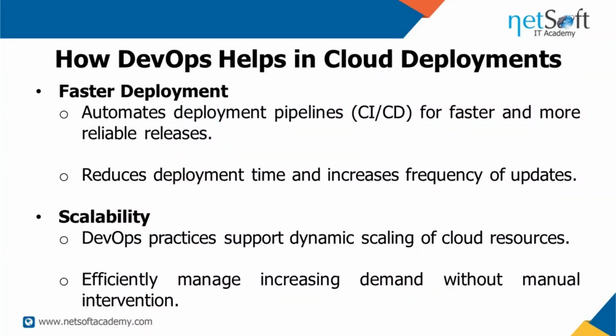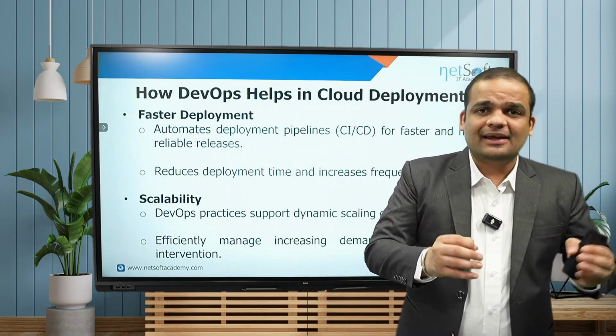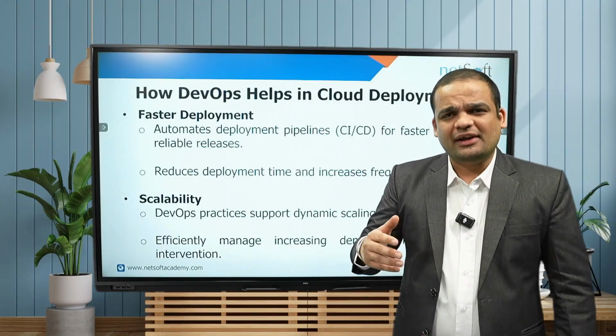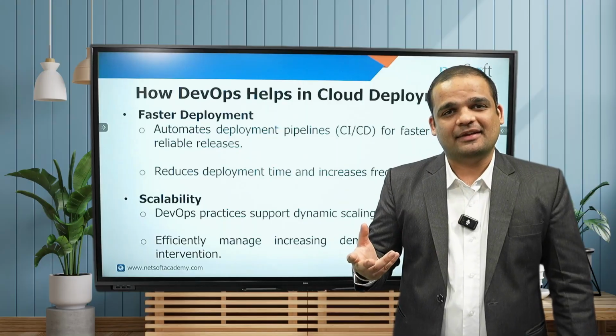Next is your scalability. Well, now, if we talk about scalability, it all boils down to how rapidly you can scale up, scale down. So, in that context, DevOps enables dynamic scaling of cloud resources, ensuring that the systems can handle changes in demand.